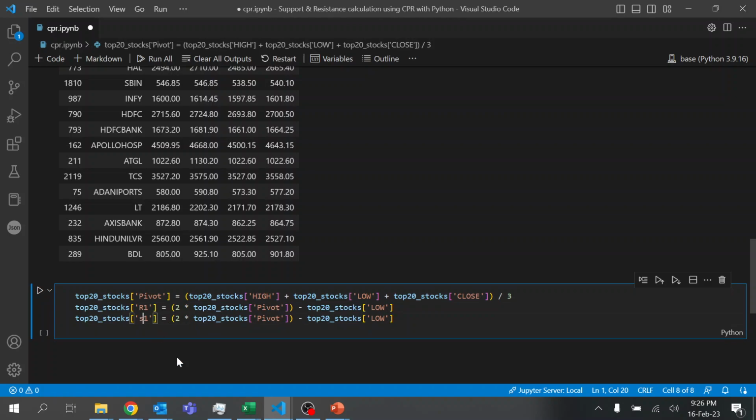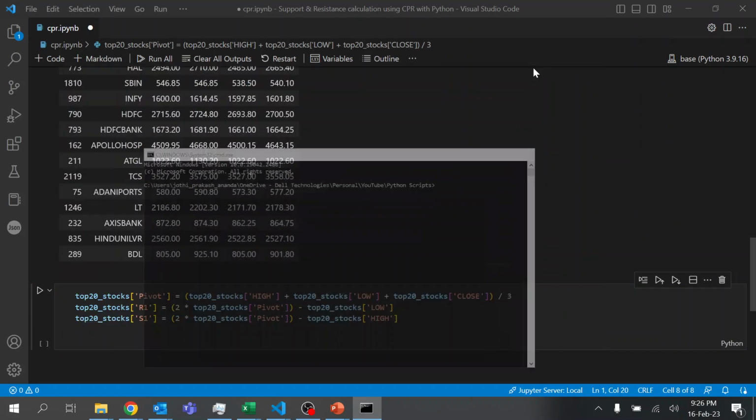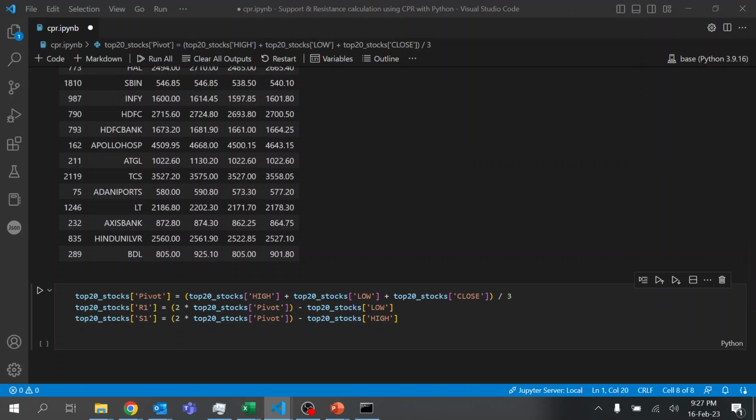This is going to be S1, and this is 2x the pivot minus high. All right. Now let's go ahead and create S2, S3, R2 and all. So let me just straight away create those formulas.